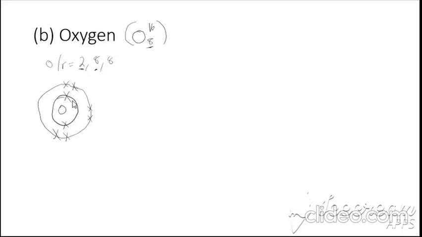So oxygen must gain 2 electrons to make it 8 in the second shell, for it to become stable. I'm going to show how oxygen will look after gaining, like this.